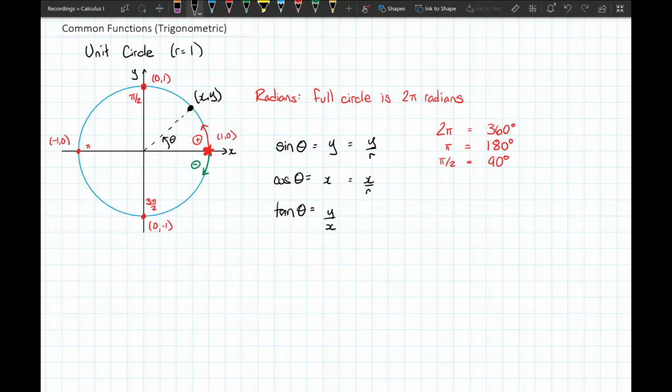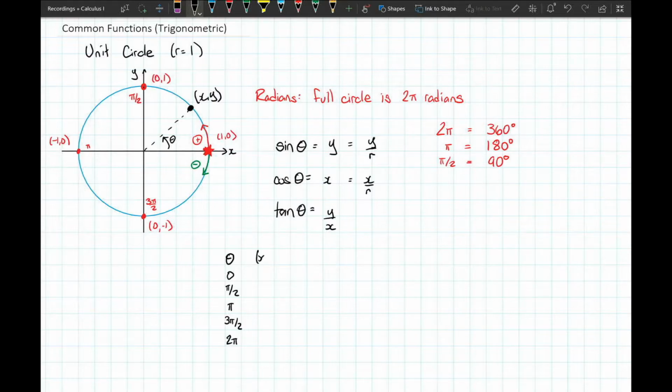So let's make this table for theta, looking at 0, our origin, pi over 2, pi, 3 pi over 2, and we might as well put 2 pi on there just to show that we end up back where we started.